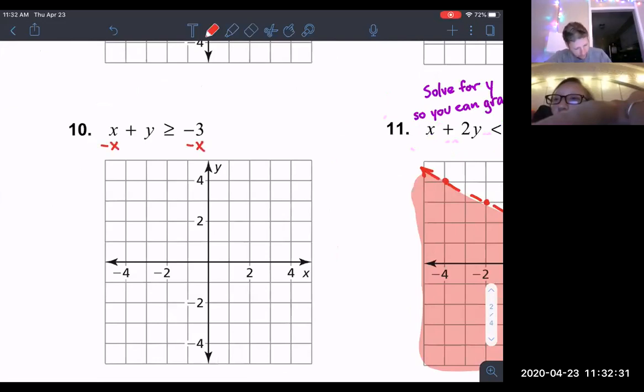Yep. Okay, and now what do you have? And then y is greater than or equal to negative x minus 3. Perfect. Okay, now do you have to divide anything? No. No, right? Now it's good to go. It is in slope-intercept form.